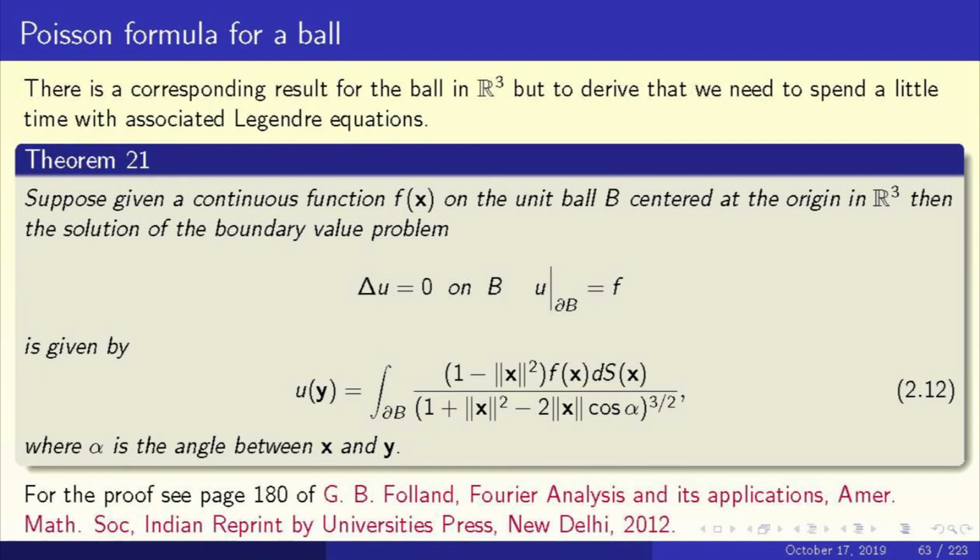Now, let us go from 2 dimensions to 3 dimensions. You want to solve the Laplace's equation in 3 dimensions for a ball, del 2u by del x squared plus del 2u by del y squared plus del 2u by del z squared equal to 0, and u on the boundary of the ball is prescribed, namely it is f, a continuous function.